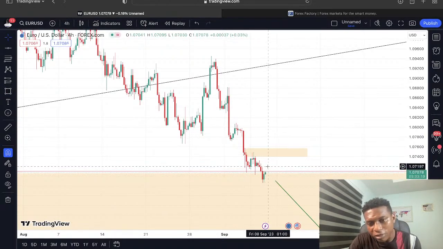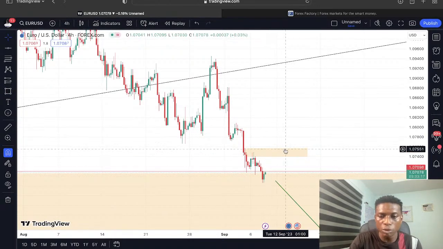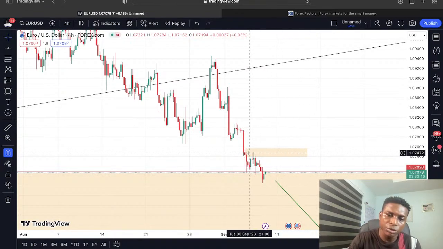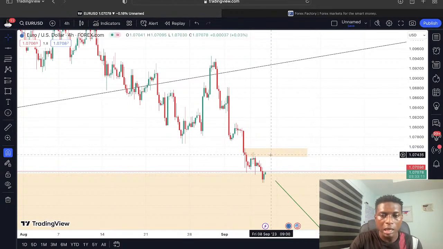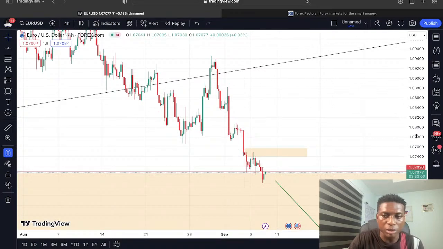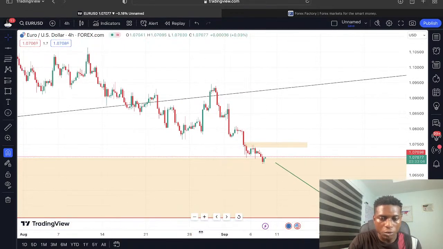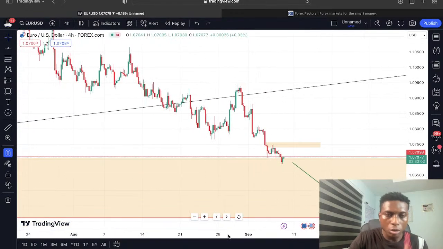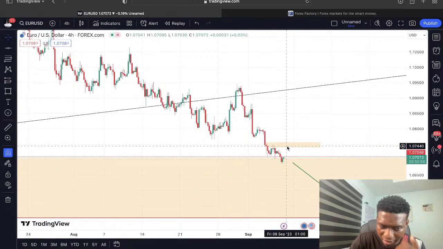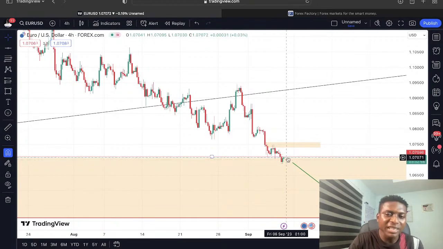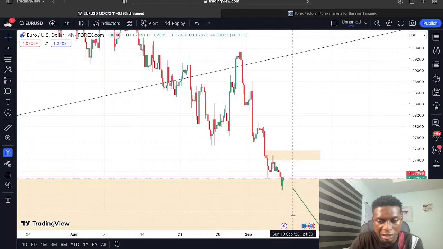So if price comes out and closes outside this level, you can set your sell limit here, and then when price touches it, your sell is triggered. All right, so of course on the Euro USD, there's a sell pressure still very much present. Price is definitely just going to react a bit, of which it is doing now.